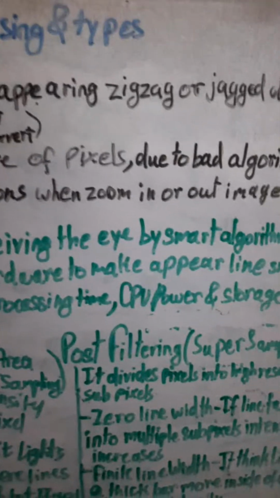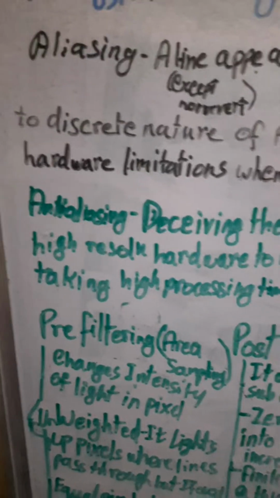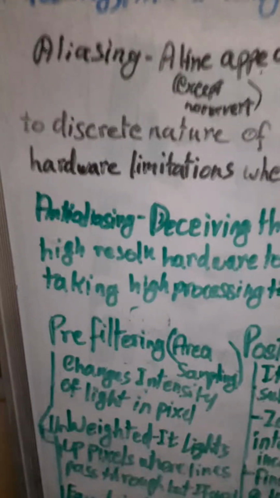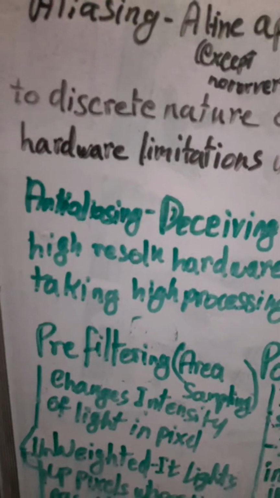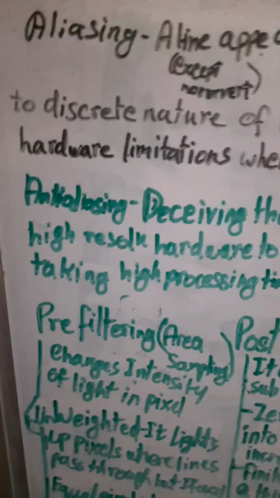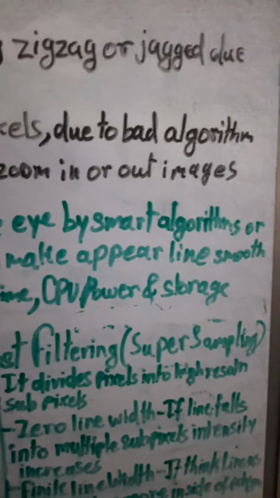So aliasing means a line appearing zigzag or jagged, except for horizontal and vertical lines. Horizontal and vertical lines are simpler to draw, but diagonals or circle outlines are gonna look jagged if your hardware has limitations or your algorithm is bad.